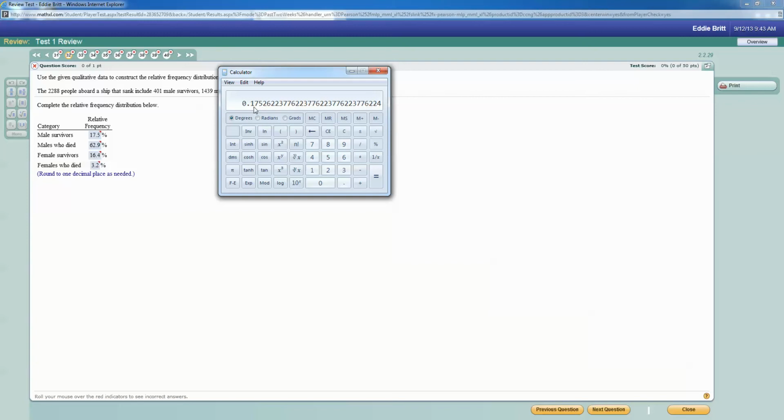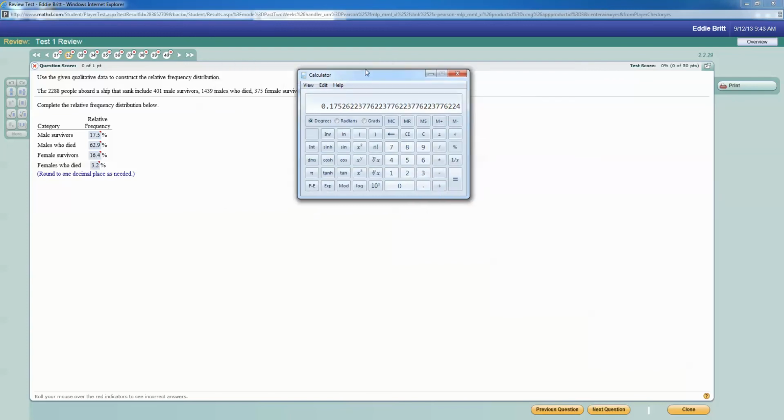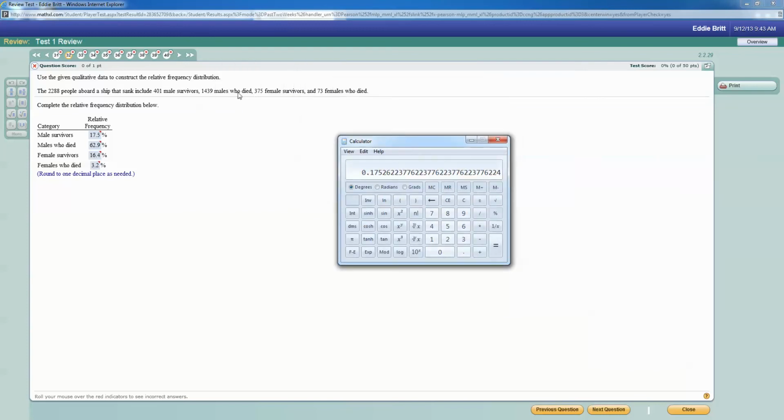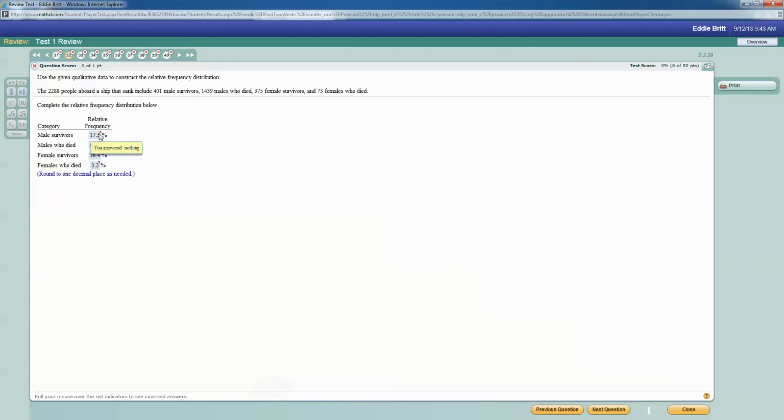So if you change that over to a percentage, that would be 17.5%. And you do the same for each of the others. For the males who died, you say 1439 divided by 2288. Change it over to a percent, and so on and so forth. Do the rest of these.